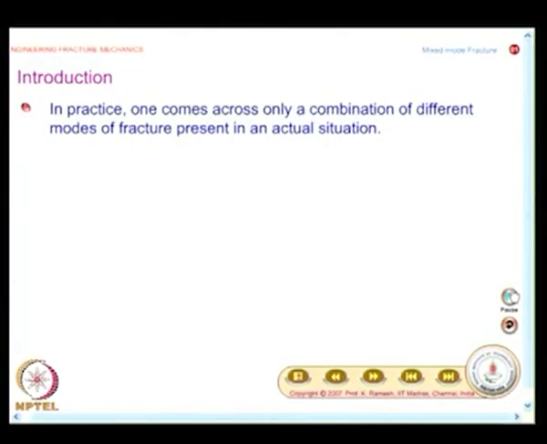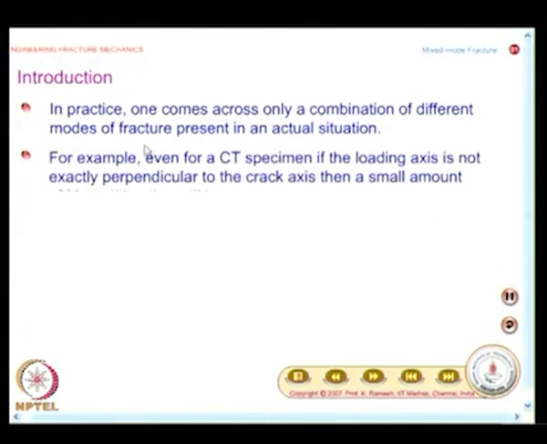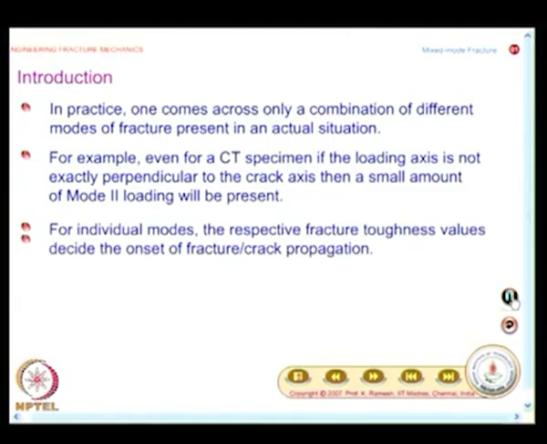You will always have a combination of different modes of fracture in an actual situation. For example, even for a compact tension specimen, if the loading axis is not exactly perpendicular to the crack axis, then a small amount of mode 2 loading will be present.